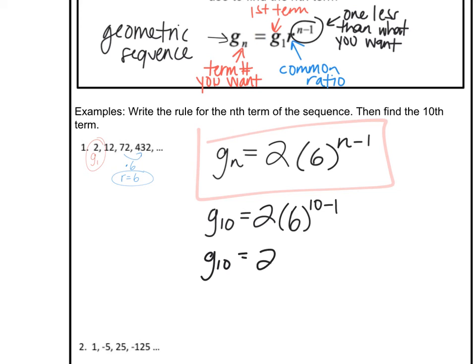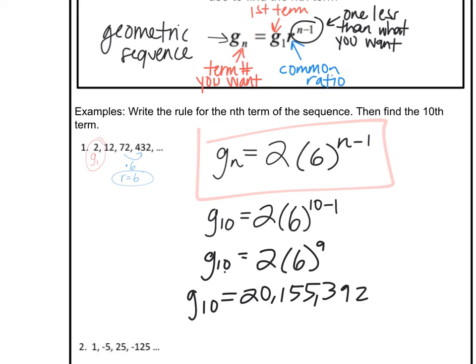So you will evaluate this in your calculator. 2, the first term, times 6 raised to the 9th, since you want the 10th term. You get a really big number, 20,155,392. This is your 10th term.